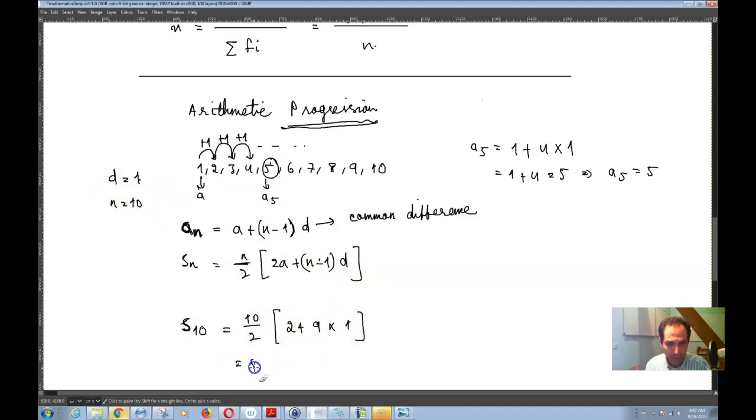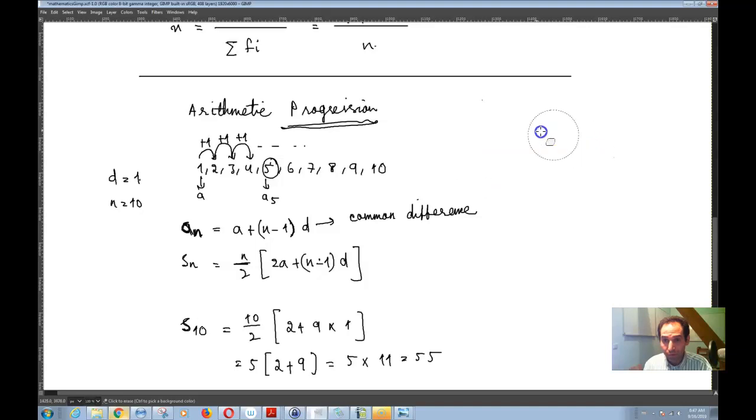So that's equal to 5 times 2 plus 9, which is equal to 5 times 11, which is equal to 55. That means that if you add all of these numbers together, you will get 55. And, well, it works like magic. It works for 200 numbers, 300 numbers, 500 numbers, 1000 numbers. It doesn't matter how many numbers you have.